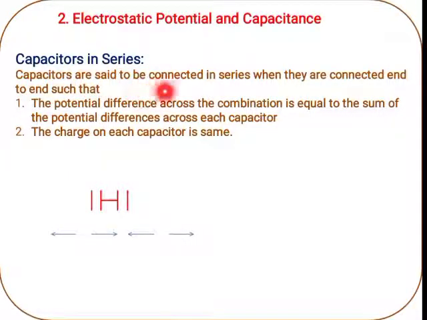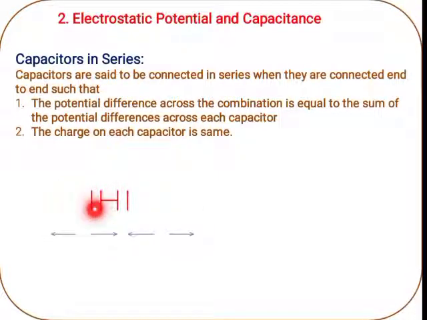Capacitors are said to be connected in series when they are connected one end to another end. We have to remember 2 points here, which are very important. Capacitors are connected in series when they are connected end to end. End to end means what? Suppose we consider two capacitors, as shown in this figure.